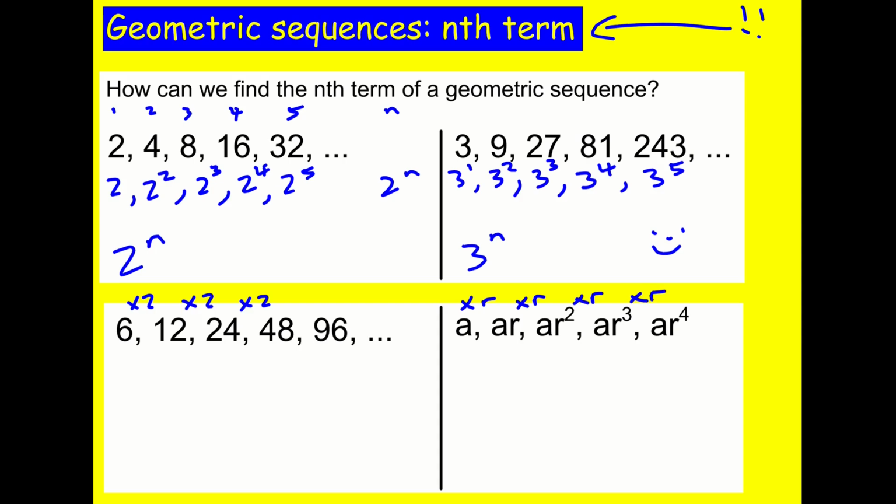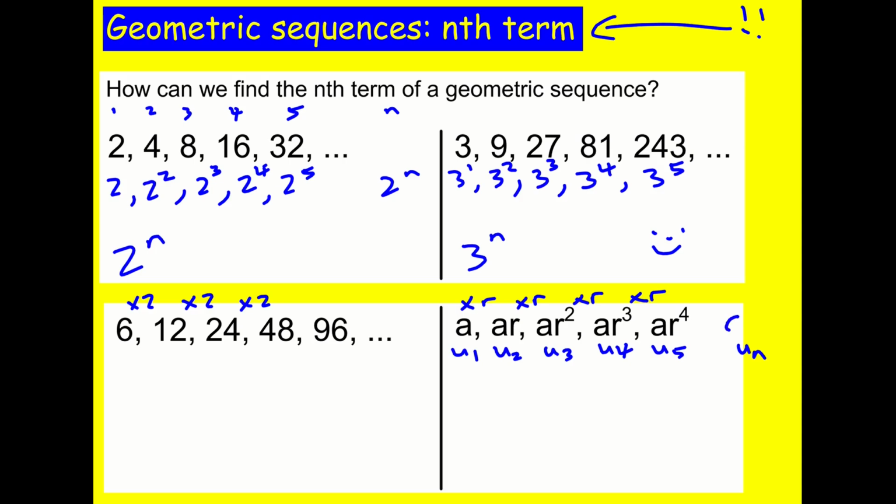So I can see that a is my first term. I might write that as U1. ar is my second term, U2. This is U3 and U4, and U5. So if I want what Un is, I can see it's basically always a times r to the power of 1 less than whatever I've got here.